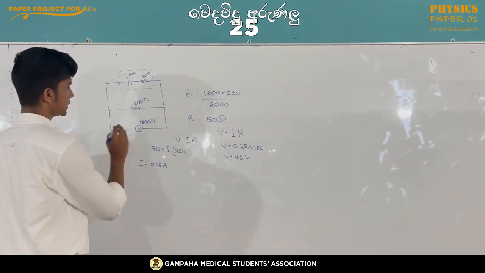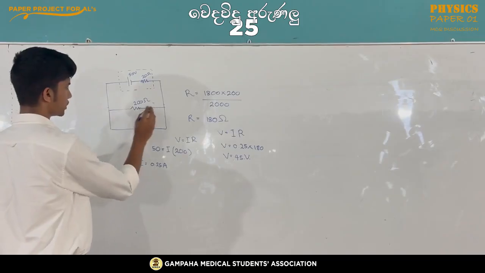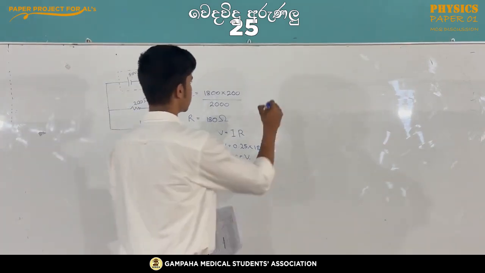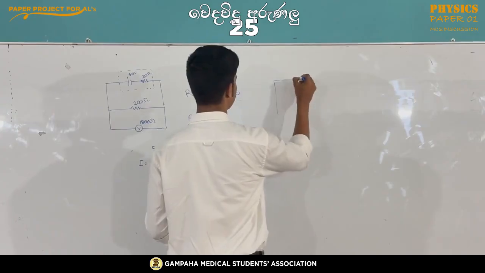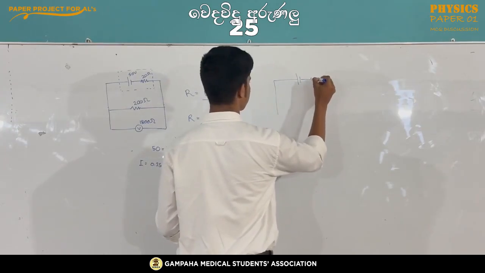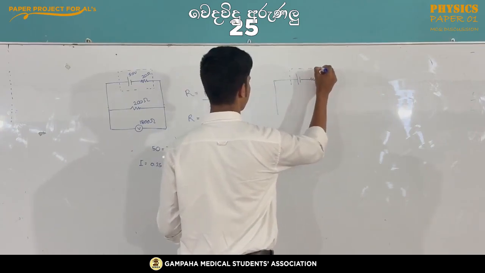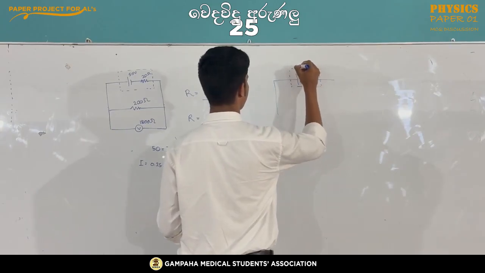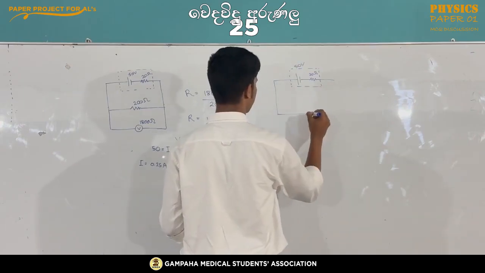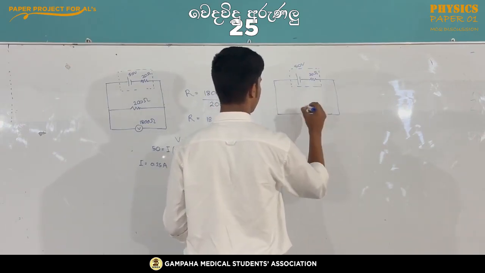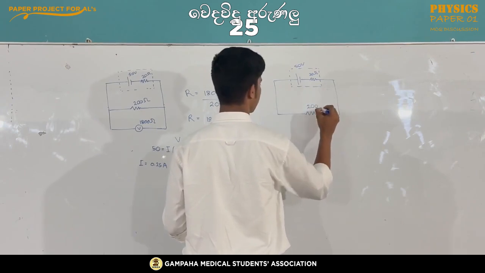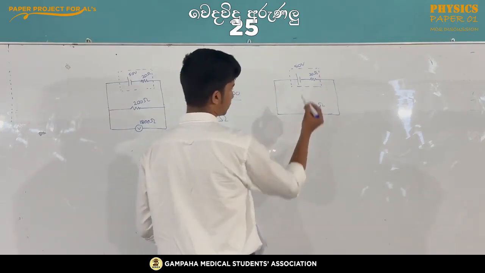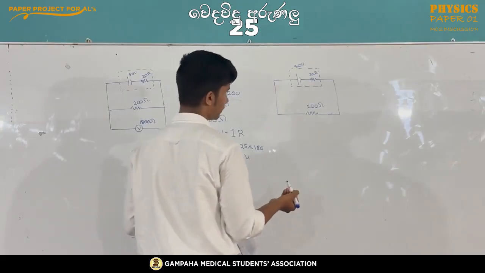So then we can consider the potential difference that occurs here if the voltmeter wasn't present. So let's draw the circuit again. Here the total resistance of this circuit is 220 ohms. We can apply V equals IR once again.